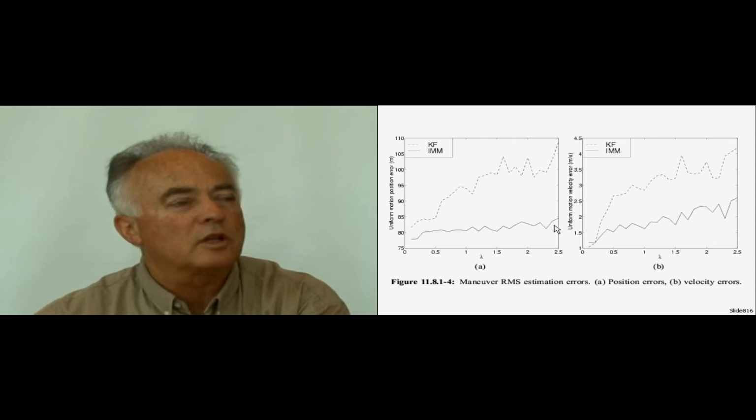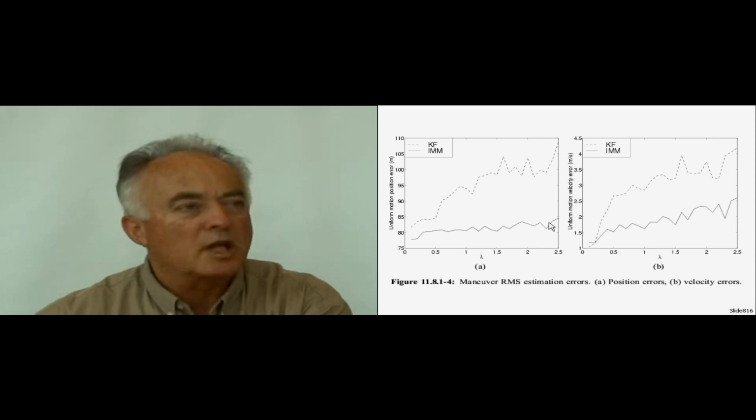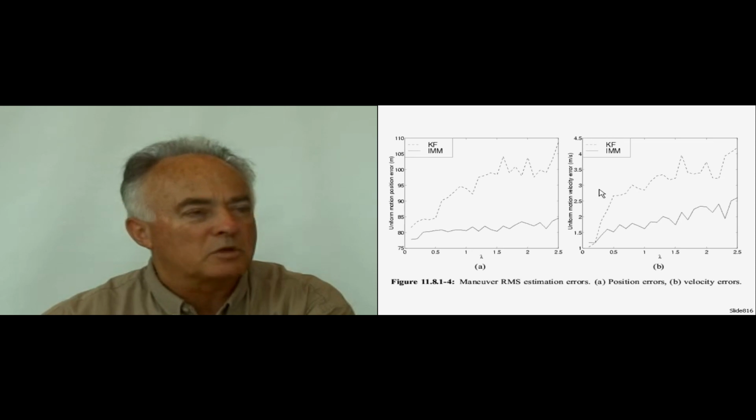You can see that during the uniform motion, regardless of the maneuvering index for the maneuvering interval, the IMM performs the same, while the Kalman filter significantly degrades during the uniform motion. There is a slight degradation in velocity in the IMM, but much more for the Kalman filter. So the two plots from 11.8.1, 3 and 4 have to be switched, and the captions, the titles of the figures are correct.